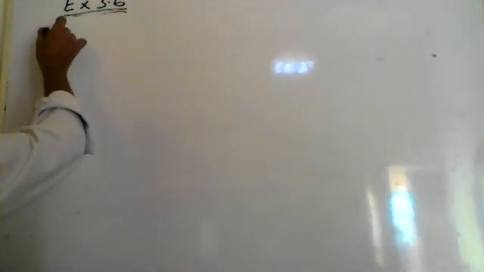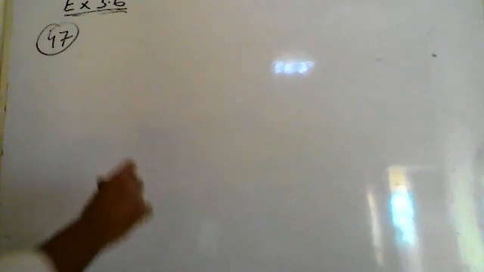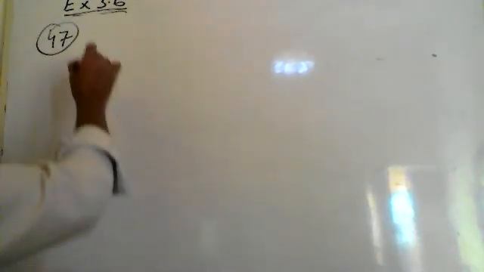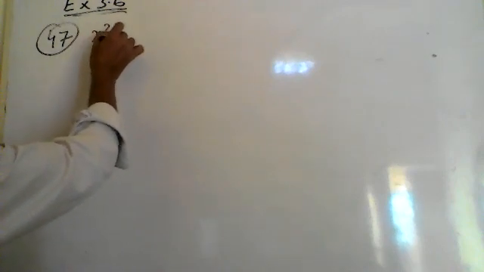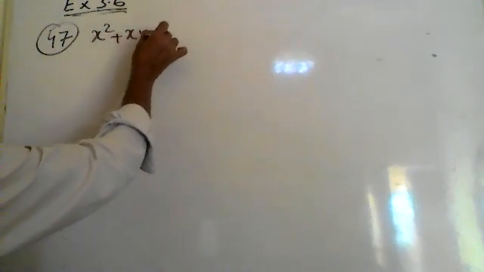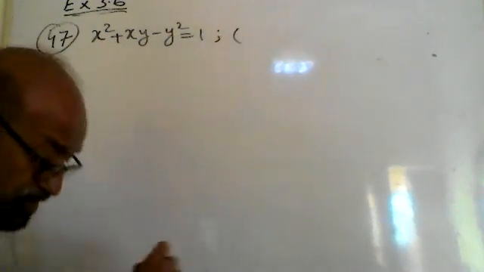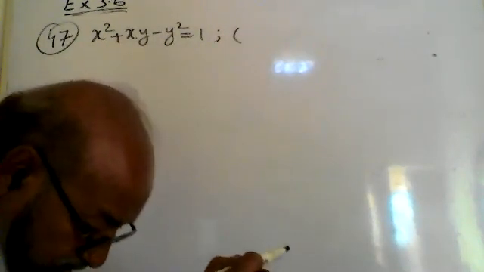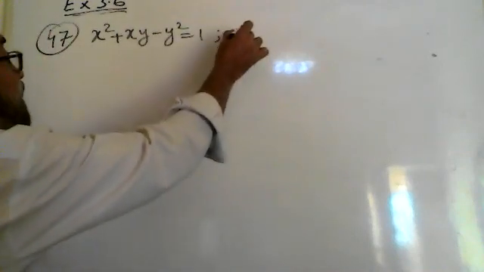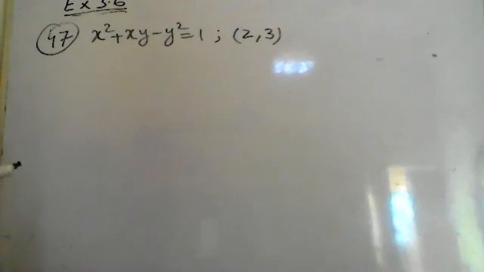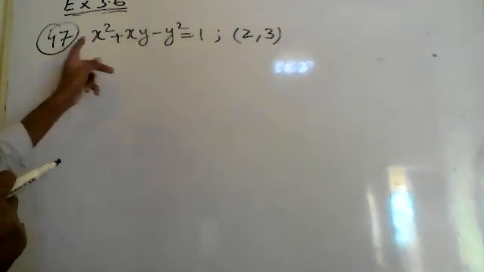Question number 47. x square plus xy minus y square equal to 1, at the point 2, 3. We will find the equation of the tangent and normal at this point of this curve.